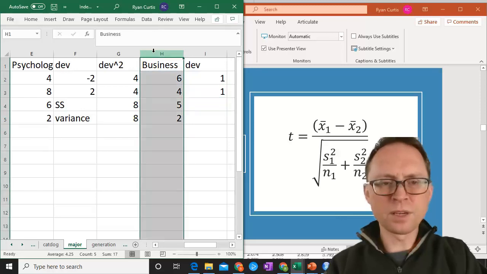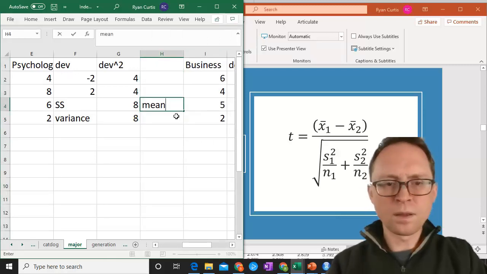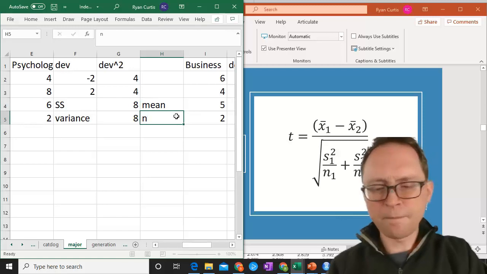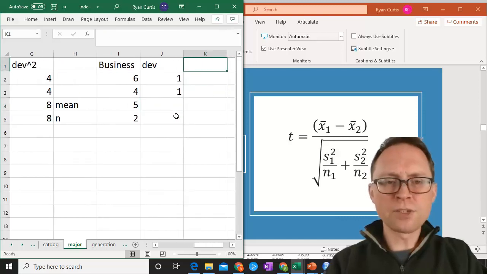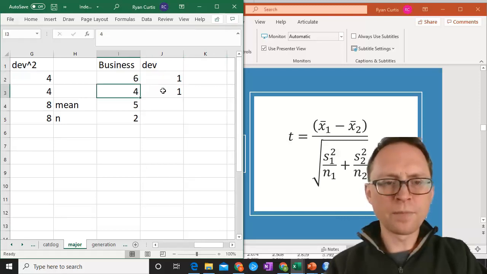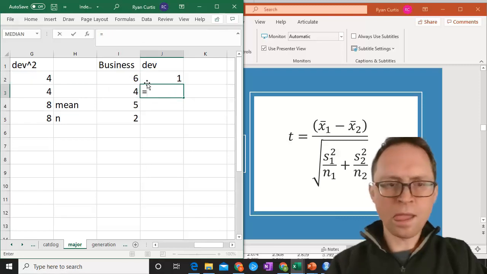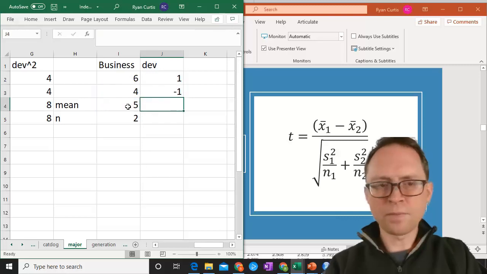So let's go ahead and make sure that we can see all this. These are the means. And this is n. Okay. The mean is 5, n is 2. The deviation is, let's make sure we got the right one. It's minus x bar, and then I didn't do that one right. This is x minus x bar. There we go.